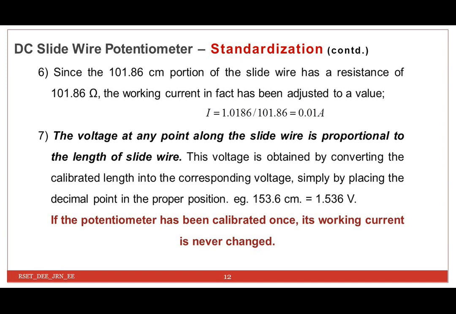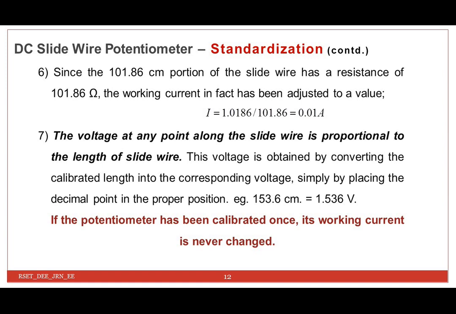Since the 101.86 centimeter portion of the slide wire, that is section AB, has a resistance of 101.86 ohm, the working current in fact has been adjusted to a value. The working current now is I equal to E divided by R for the section AB. So it is 1.0186 divided by 101.86, which is equal to 0.01 amps, or we can say 10 milliamps.